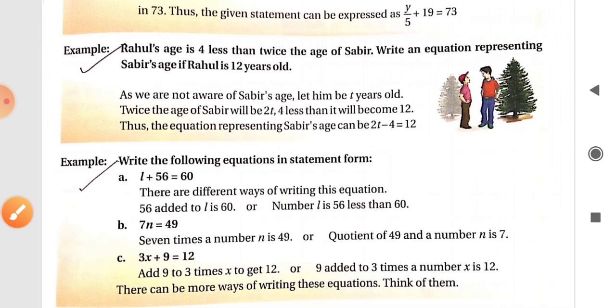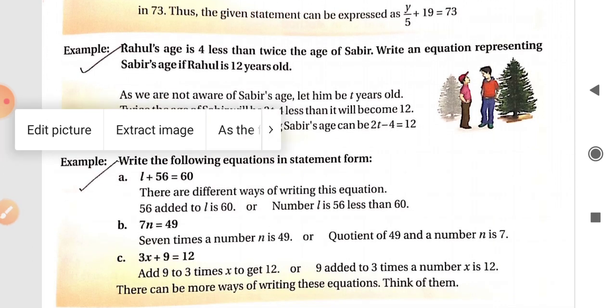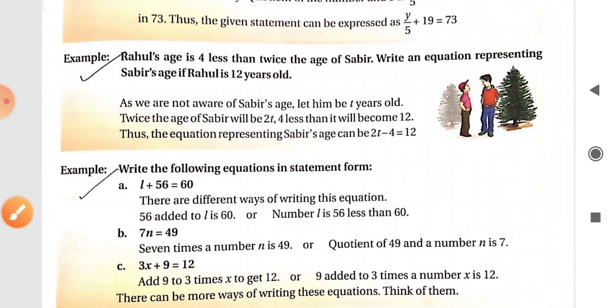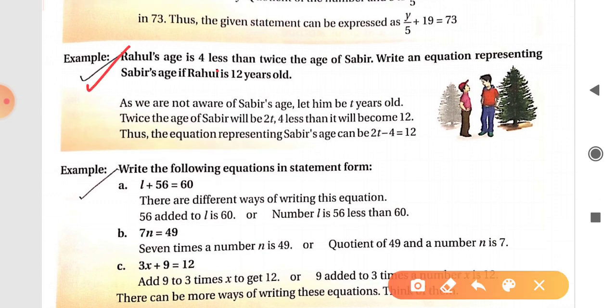And next example is Rahul's age is 4 less than twice the age of Sabir. We are not given the age of Sabir, but it is given that Rahul's age is 4 less than twice the age of Sabir. Then first of all we have to write the age of Sabir. So let the age of Sabir be t years.